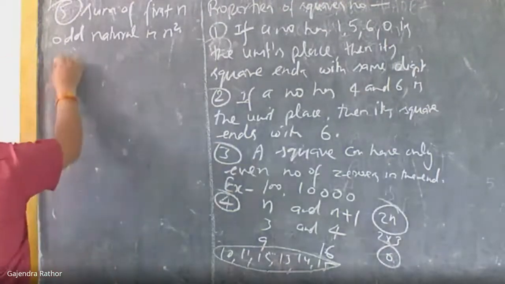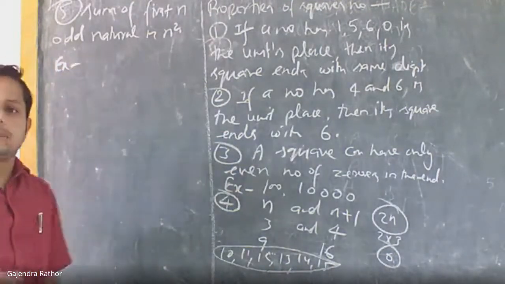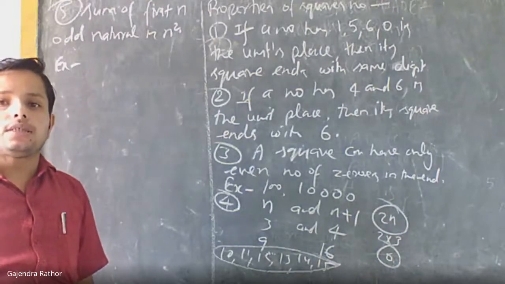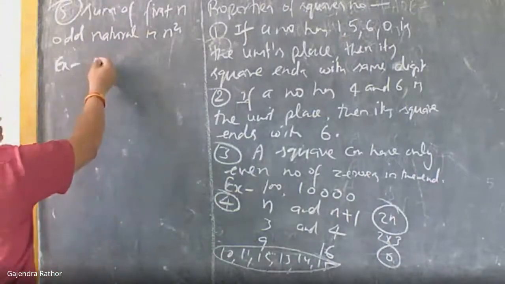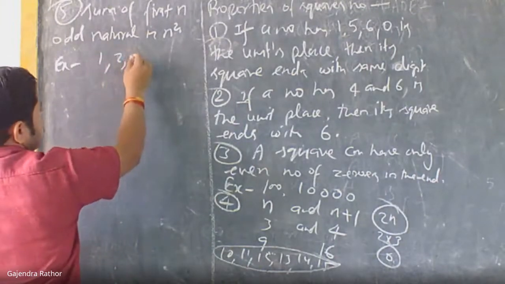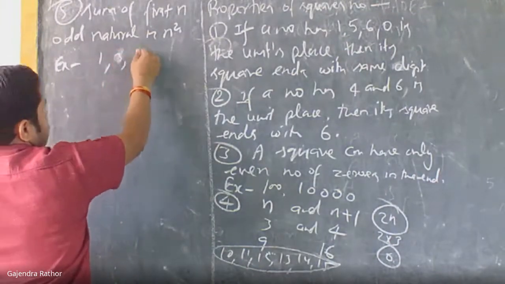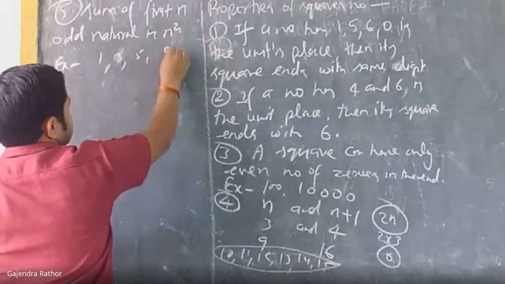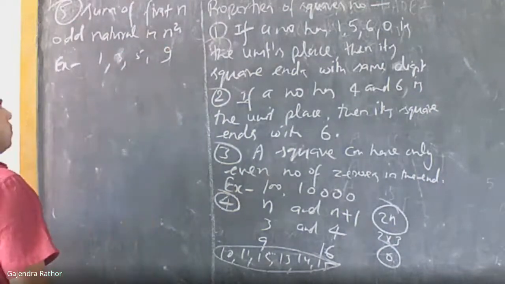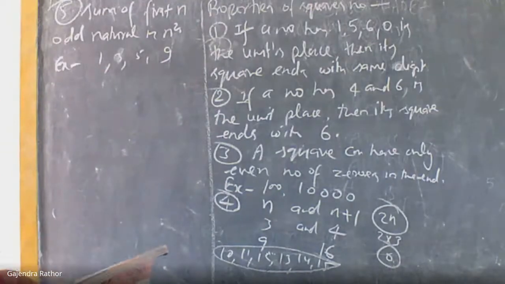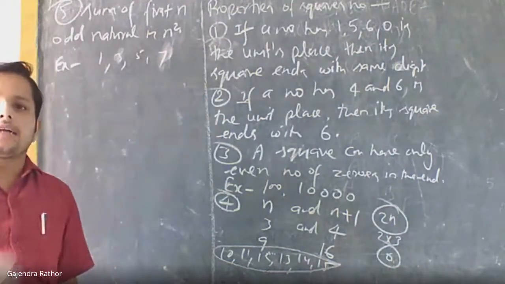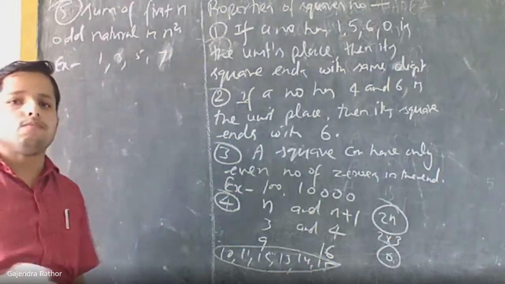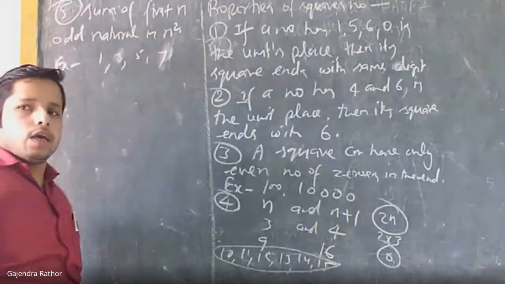Example: select some consecutive odd natural numbers. I select 1, 3, 5, 7. Okay, I select these 4 consecutive odd natural numbers 1, 3, 5, 7.